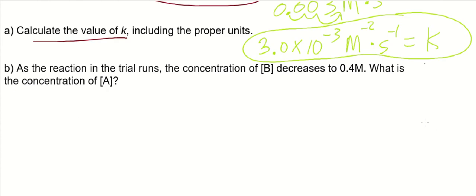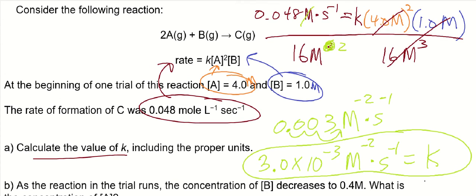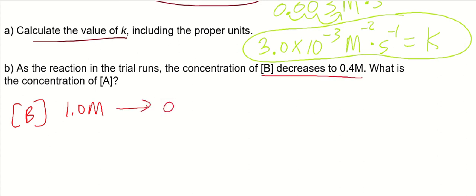As this trial runs, the concentration of B decreases. What did it decrease from? Let's find that out. B started at 1 mole per liter. So the concentration of B started at 1.0 moles per liter, and it decreased to 0.4 moles per liter.